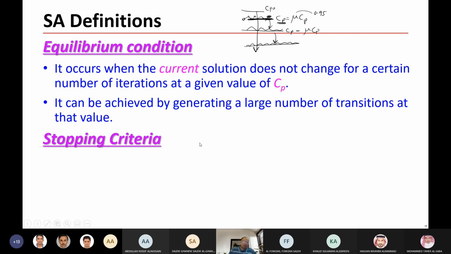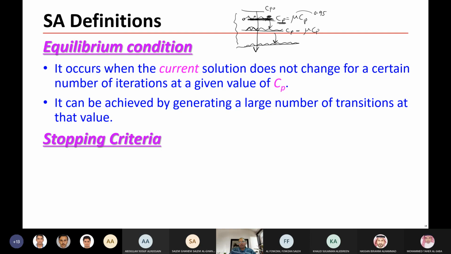The stopping criteria is similar to what we have in particle swarm. If over this number of levels, the current solution doesn't change, or the best solution you have doesn't change for a long time of these cooling steps, these levels. We have here two stopping criteria, by the way.